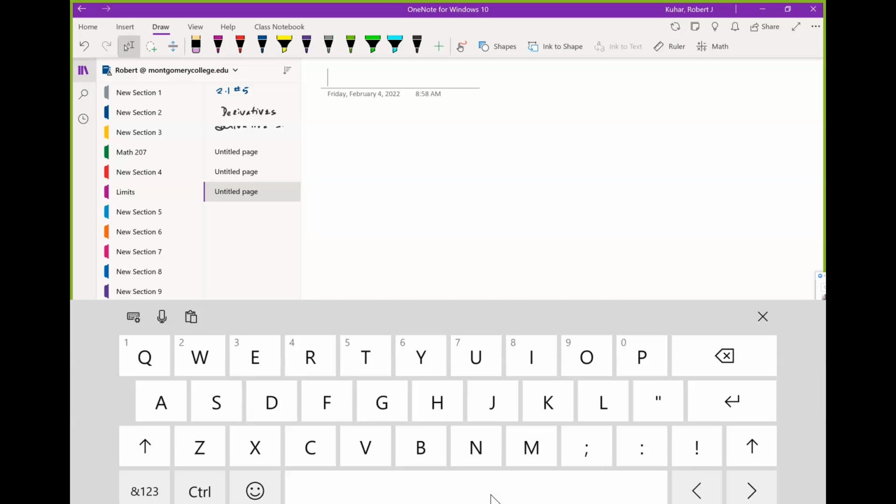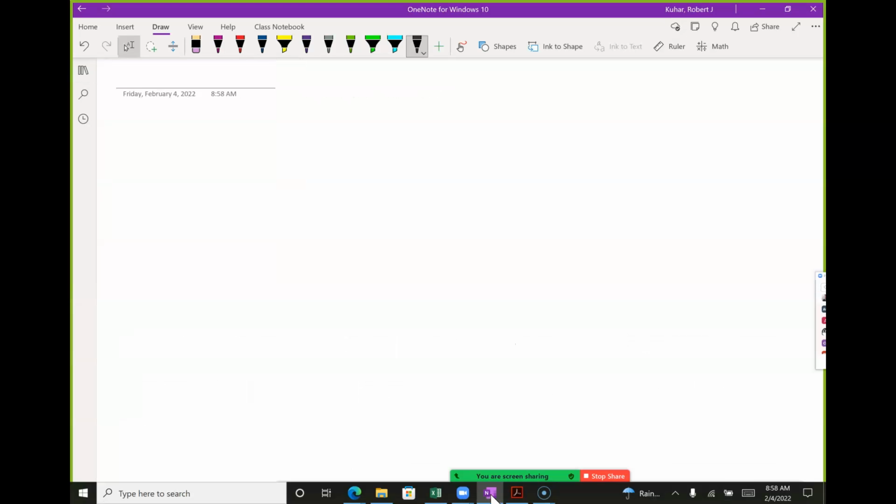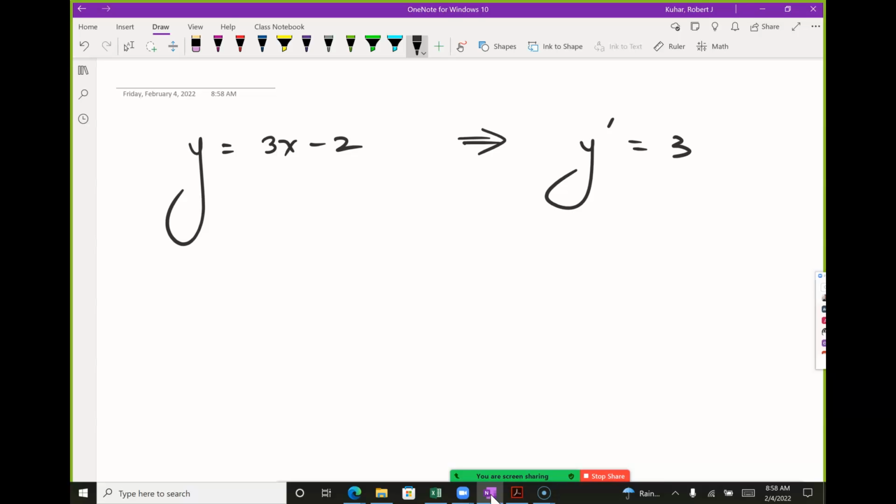But let's do another one. Let's do a real simple one. Let's say y equals 3x minus 2. Anyone tell me what y prime is? Y prime is 3. The derivative at any point is 3.